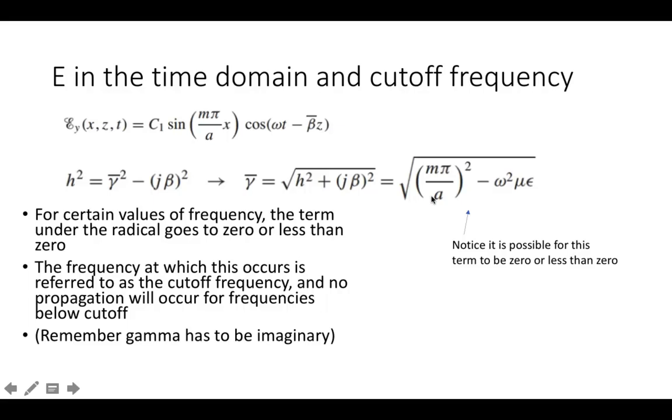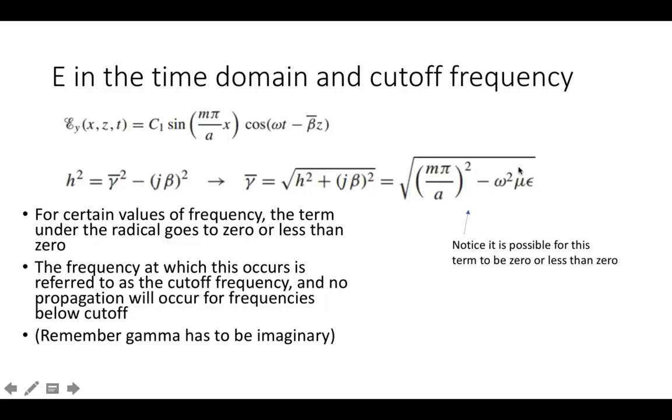Also notice that for a given m, for certain values of omega, the term under the radical will be 0 or less, making gamma imaginary and meaning that we can have propagation. The frequency at which this occurs is referred to as the cutoff frequency.